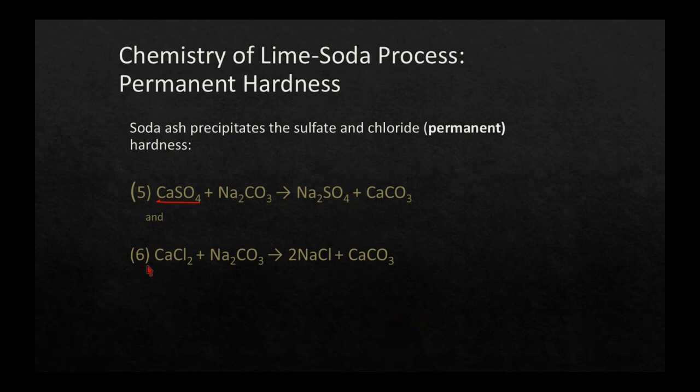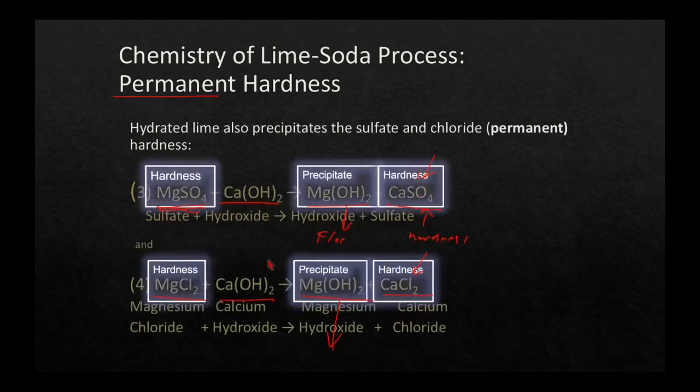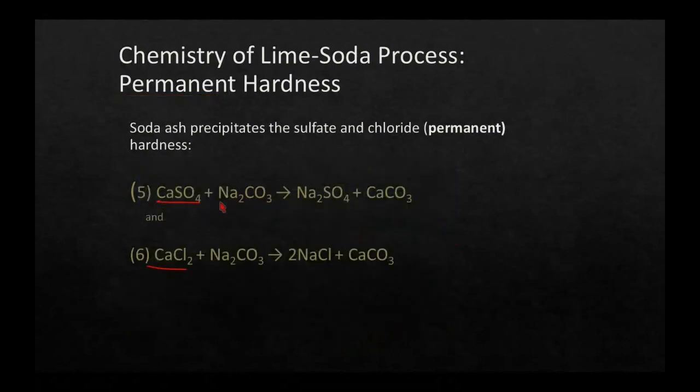So the calcium sulfate and the calcium chloride that we saw on the other screen, plus sodium carbonate, gives me either sodium sulfate or sodium chloride and calcium carbonate, which is a precipitate.